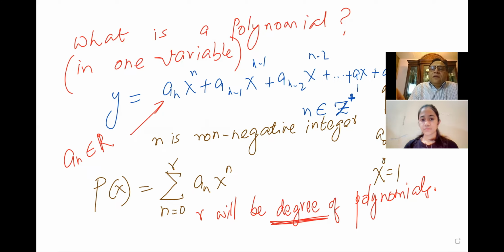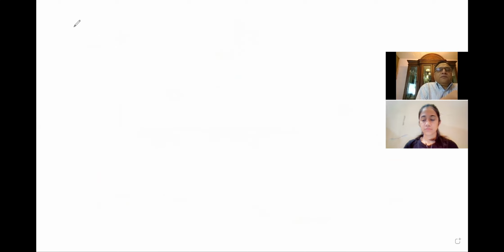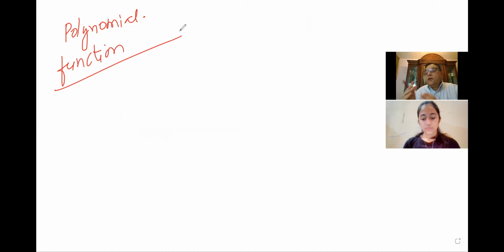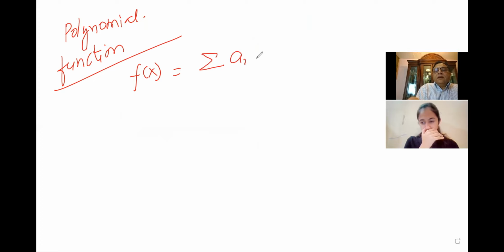So once again, let me rewrite this polynomial in function notation, right? So we also say polynomial is a function. We say f of x is my polynomial, which is basically sum of an x to the power of n, where n is from 0 to r, right?